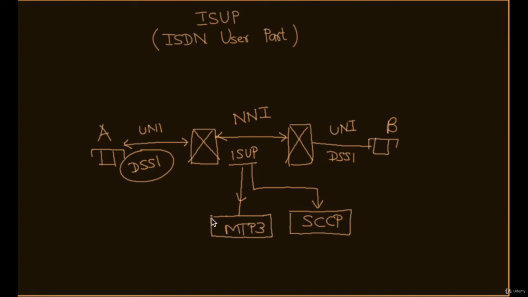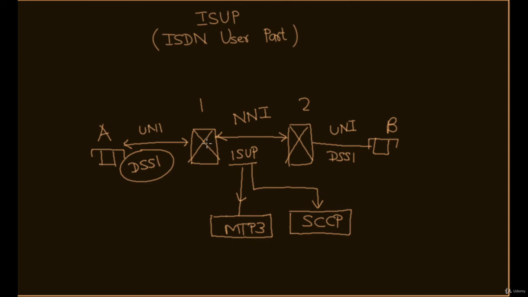since this ISUP message needs to be processed at each and every node. Right now I've shown only two network exchanges, but it is possible that they are not directly connected. A and B are not connected via just two exchanges; there are 10 exchanges, n number of exchanges in between. So at each hop, ISUP processing is required.